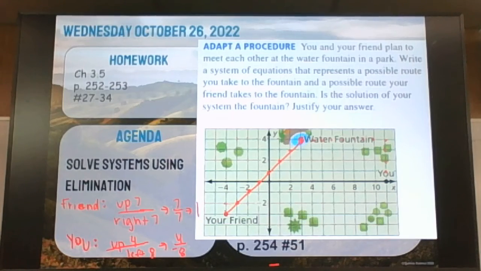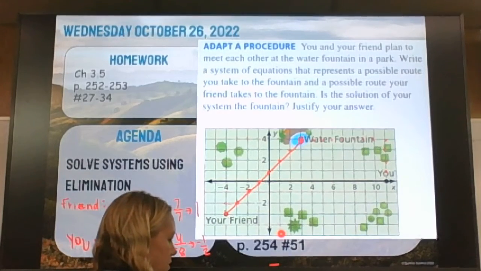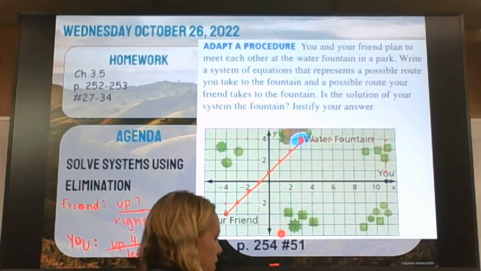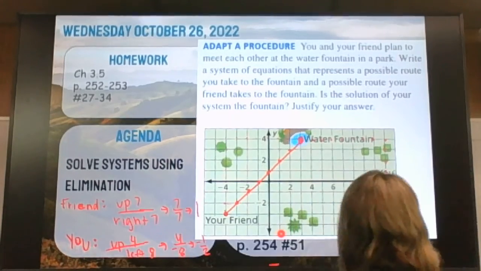And left is negative. So the slope for you is up 4, left 8. I'm going to write that as a negative, and that's the equivalent of negative 1/2. So your journey to the water fountain has a slope of negative 1/2x.